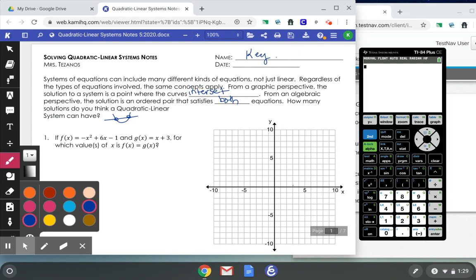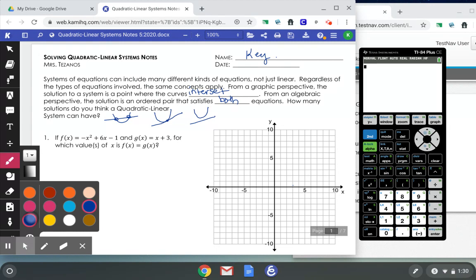You could also have a curve that goes like this, and then let's say this line just comes and hits at 1 point right here and then keeps going. That would mean there would only be one solution. And then you could also have a curve and let's say a line down here, and they don't even cross. So that means that there would be no solutions.